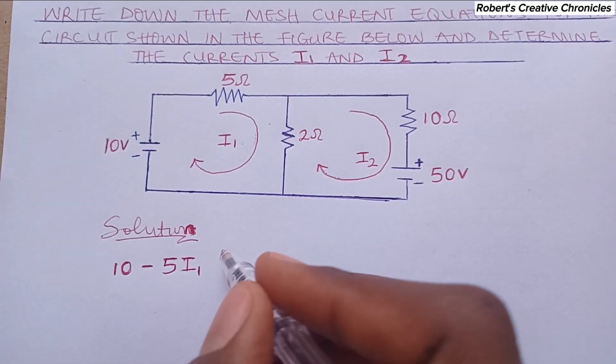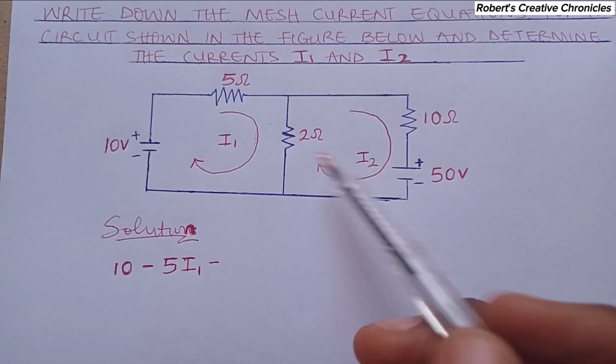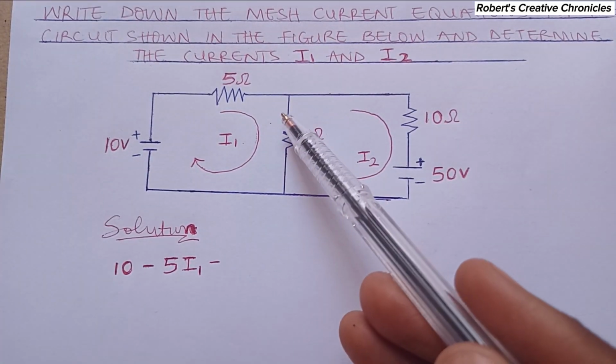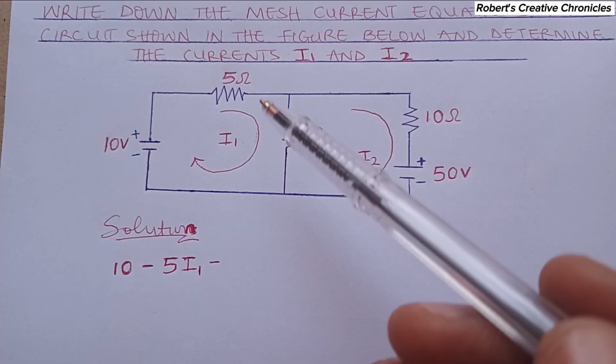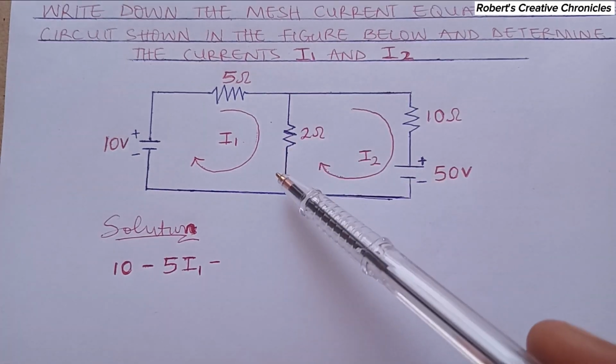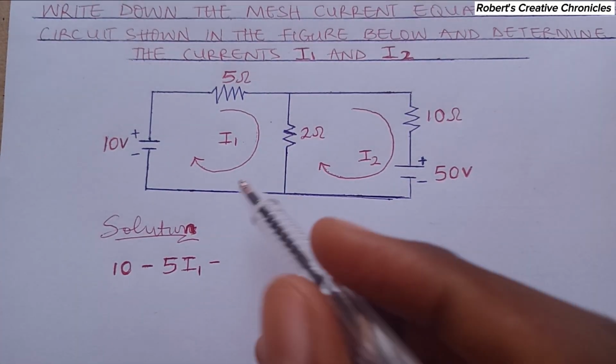Now then 2 here will also be negative, because since we are following this current through this resistor, current is always moving from higher to lower potential, so it's negative also.